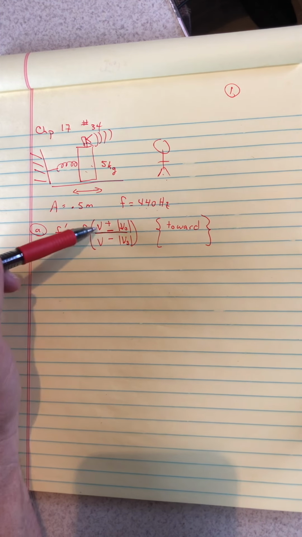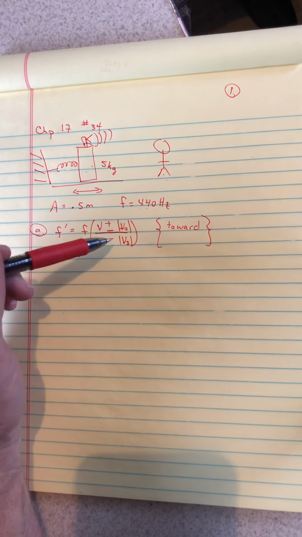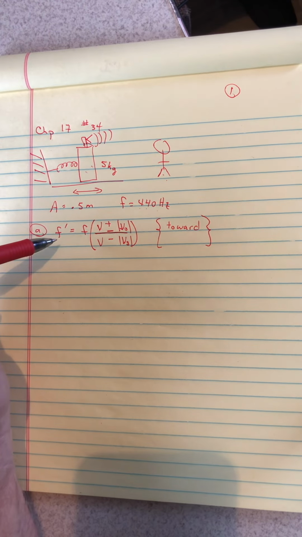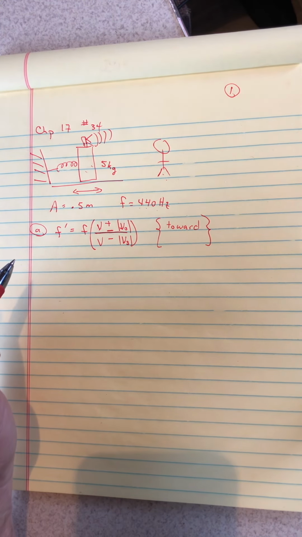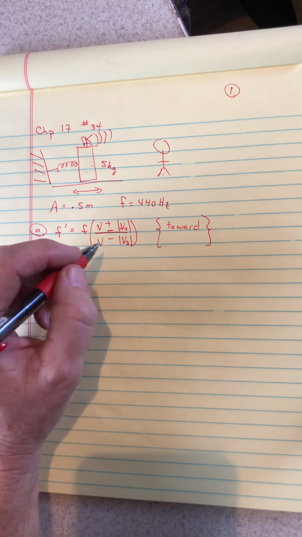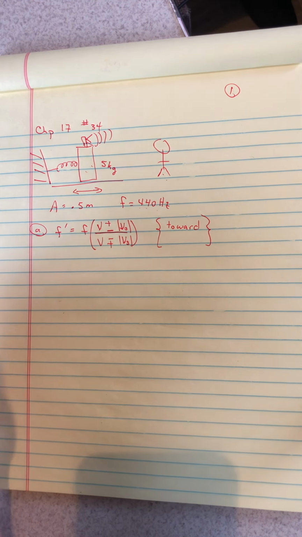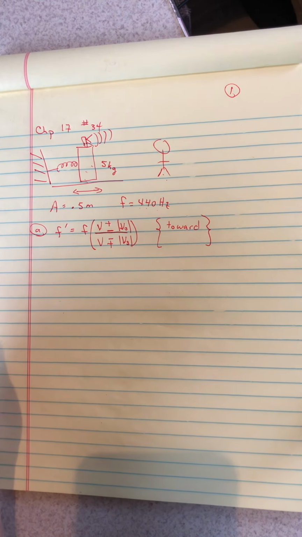In fact, you can even see if the observer moved away at the same speed as the waves, none of the crests would actually catch them, and so you get a zero in the numerator, and you'd get a zero frequency as perceived by the observer. And then, of course, in the denominator would be a plus sign to make the denominator bigger, which makes the overall frequency smaller as the source moves away.